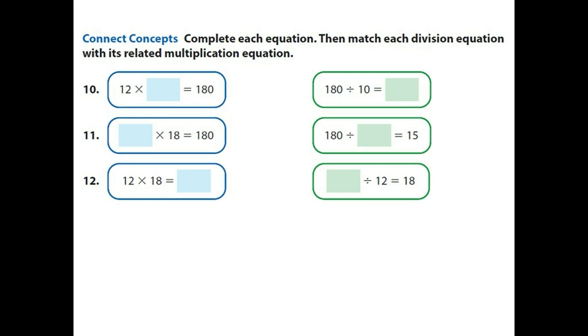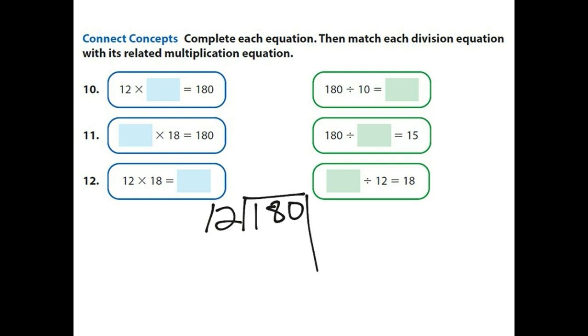I'm going to do a couple with you, then you're going to do the rest on your own and match them. So 12 times something is 180. Well, in order to get that, I'm going to divide 180 by 12 to get the answer that I need. Because remember, division is multiplication inverted.